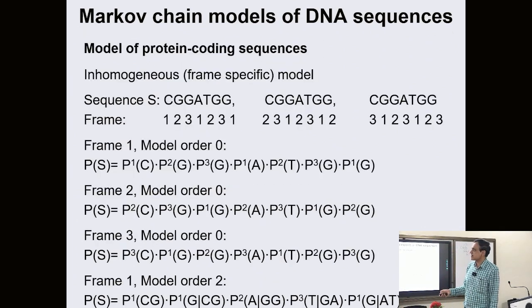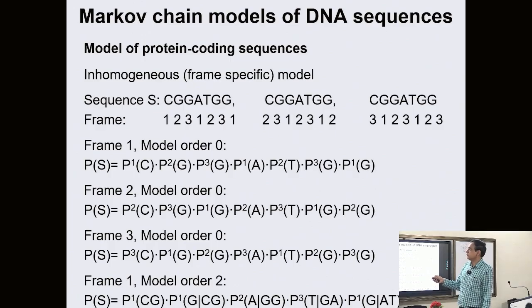So probability of starting in CG, and what is the reference position? You are considering this oligonucleotide, so the reference position is 1. That is why we put a hat 1 here, indicating the reference position.